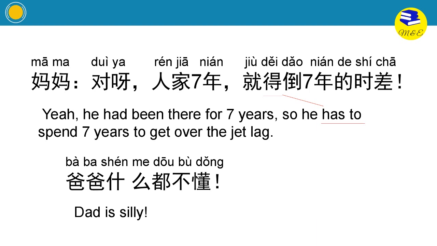And we forgot to explain one verb to you guys. This is 得 in 得倒. What does it mean here? Here it means have to. This character is very funny. It has 3 sounds with 3 different meanings. The first is dei, meaning have to. The second is 得, second tone. For example, 得到 means to get something.